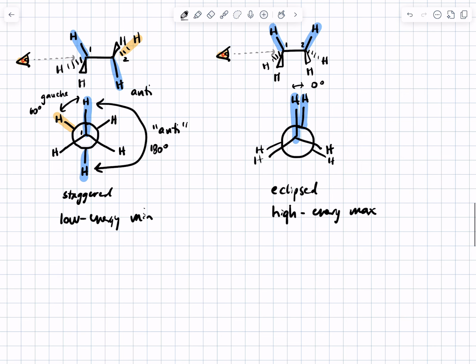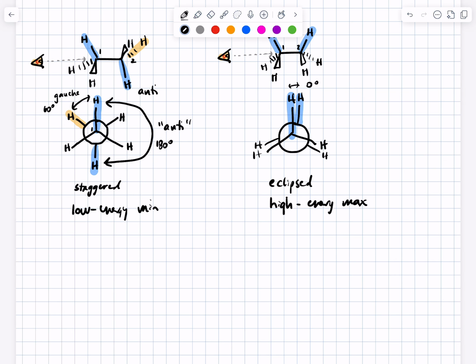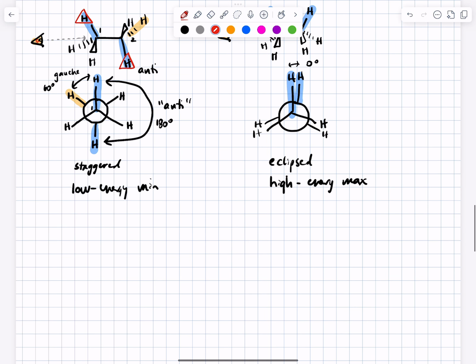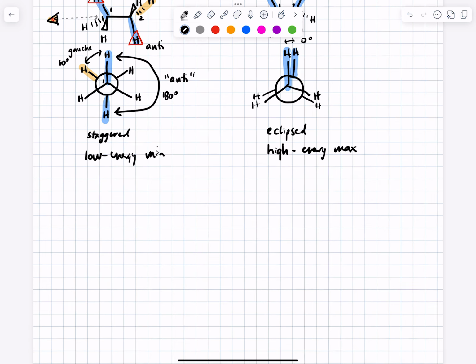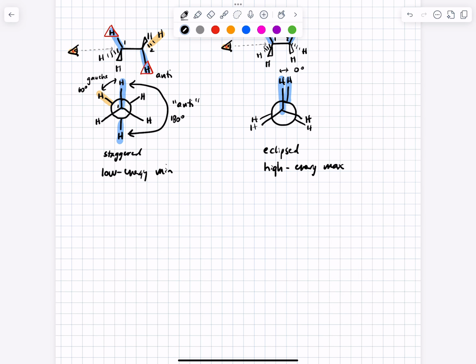And if we could label hydrogens, I'm just going to put a triangle on this hydrogen and a triangle on that hydrogen. You would see that there are 3 different eclipsed conformations and 3 different staggered conformations.